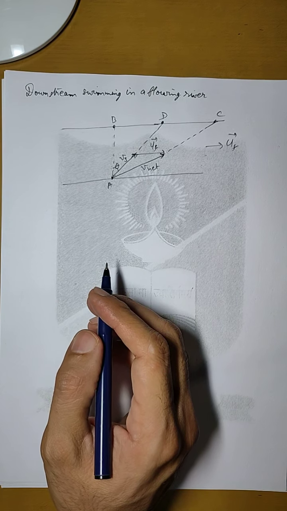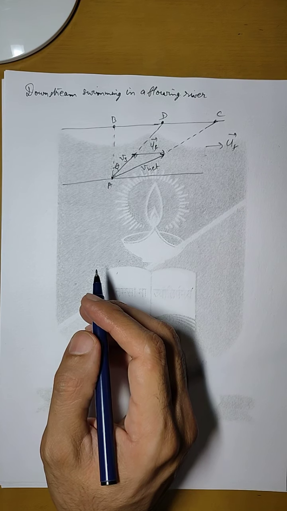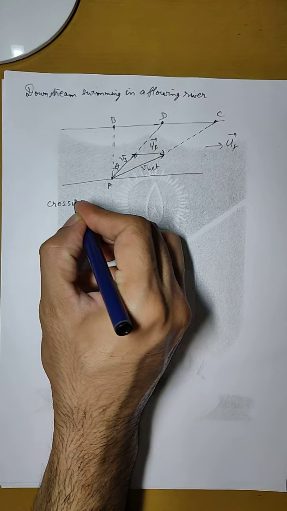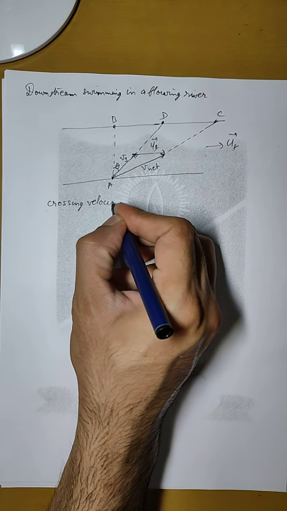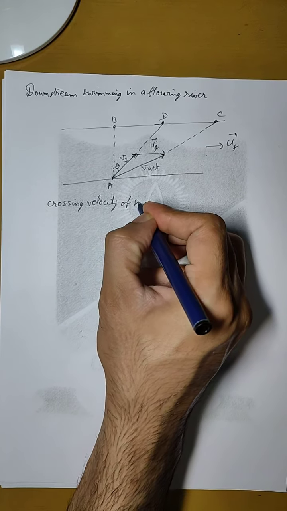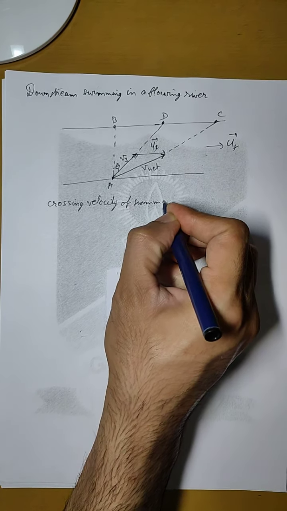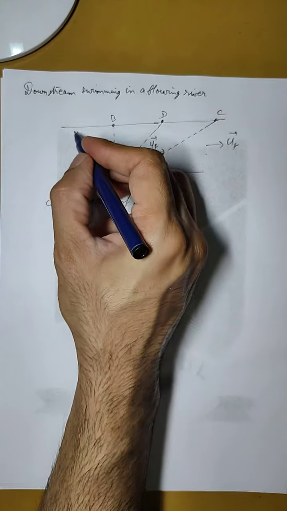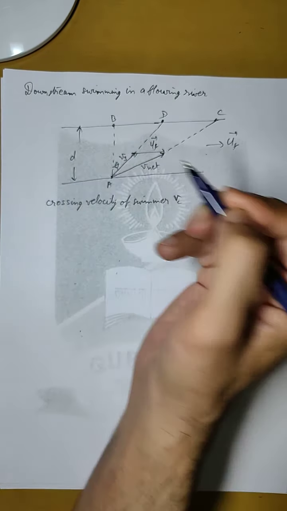Now the velocity which will help the swimmer in crossing the river, or we can say the crossing velocity of the swimmer. This is the velocity which will help the swimmer to cross the river of width d.